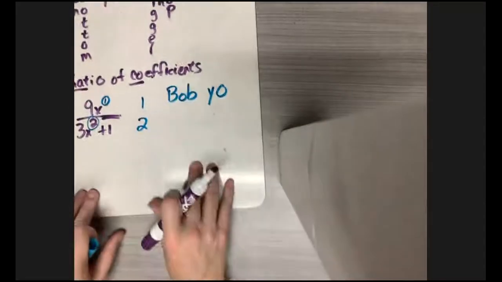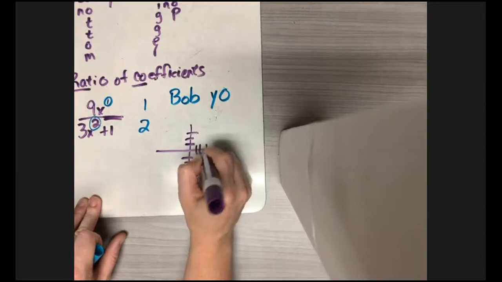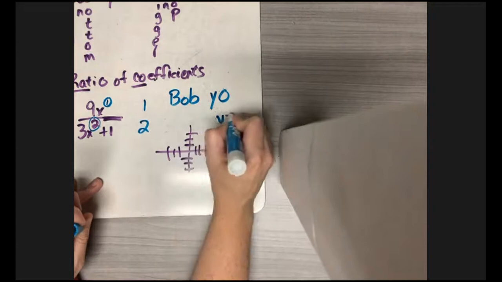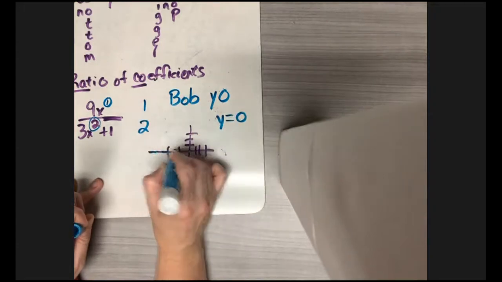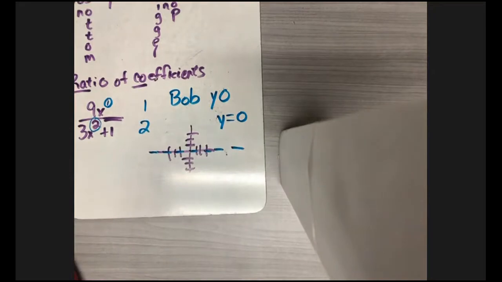So that means if we were going to a graph picture, this one would sit right along y equals 0, which would sit right along that x-axis.